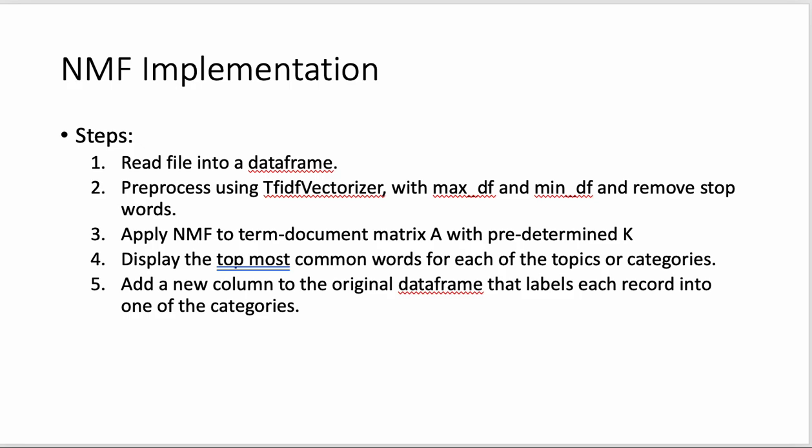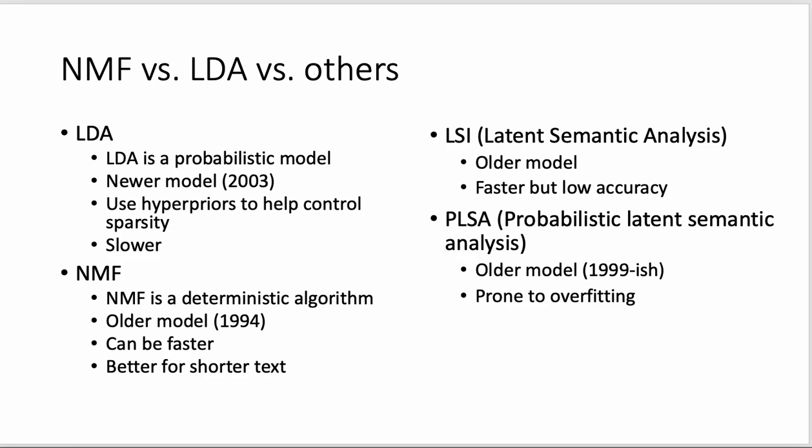Then we display the top most common words for each of the topic categories, similar to LDA, and then we add a new column to the original data frame to contain the topic for each document, right? So that we keep a record of the topics we figured out.